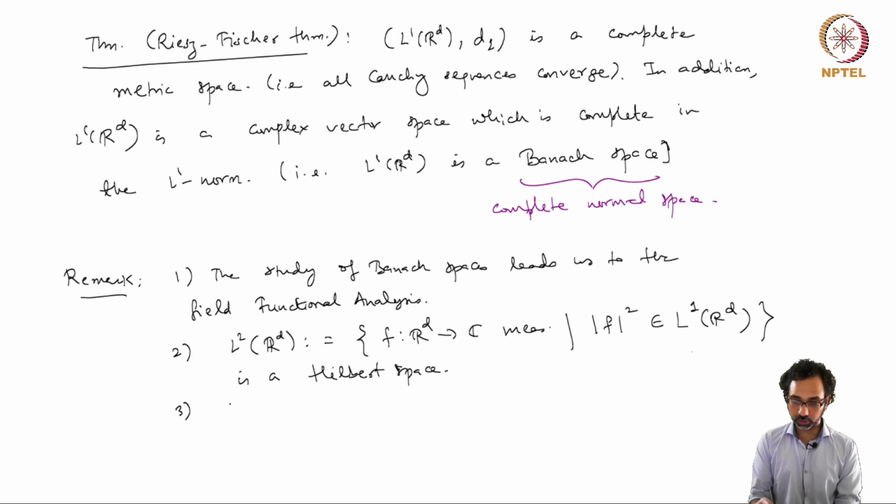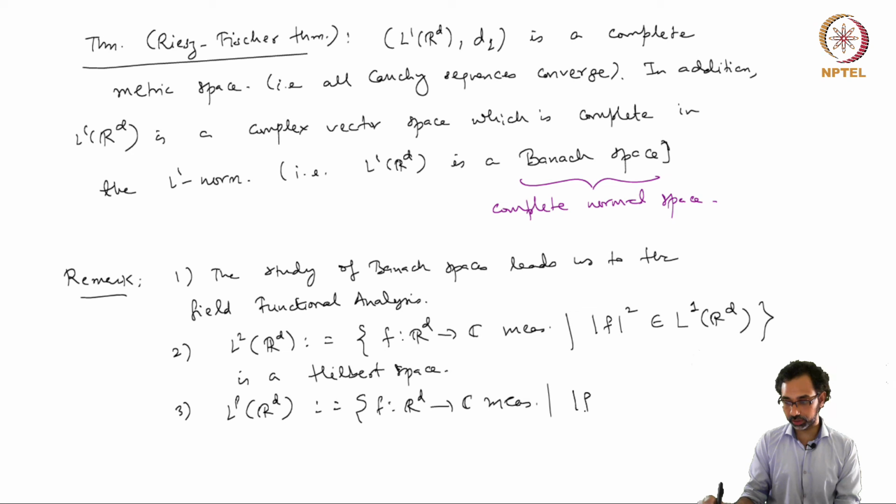So we can also define L^p(R^d), which is the same class of complex measurable functions such that the pth power of the modulus is integrable, where p is a real number greater than or equal to 1, and this is also a Banach space.